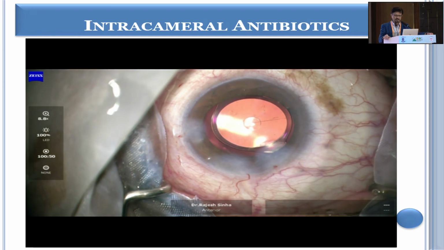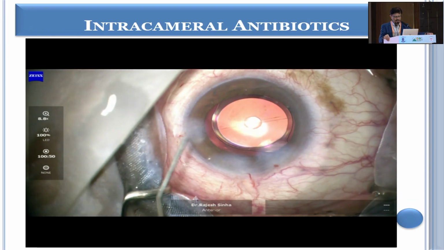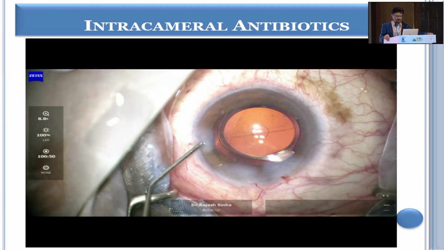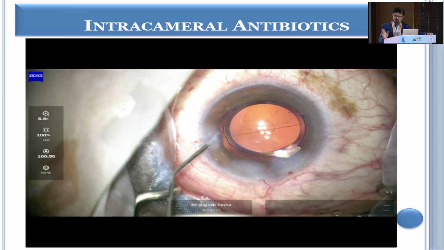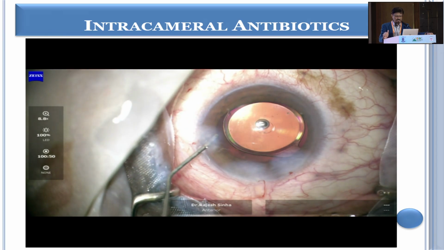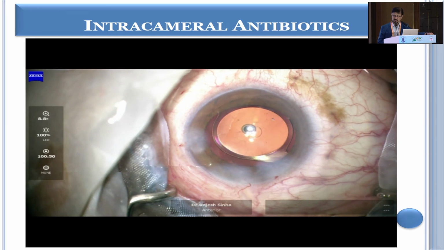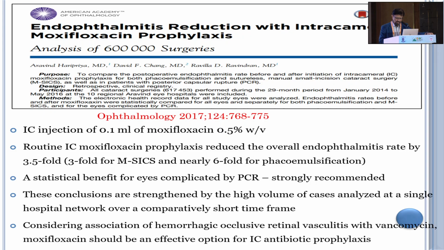Intracameral moxifloxacin has now become very popular, and it is used worldwide. Earlier we were using vancomycin. So this is how we push it fast so that it goes in towards the bag, and that is the end of it. Earlier we used vancomycin, but then there were reports of necrotizing retinitis and all those things, so that's why vancomycin is no more used.